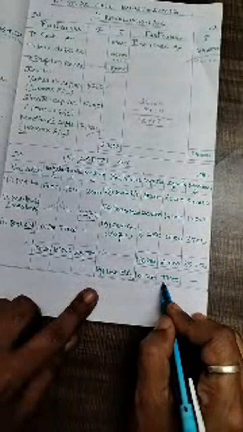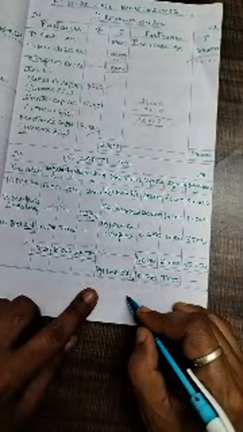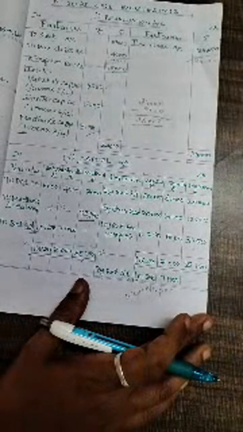Balance brought down means this is the opening capital for the continuing partners. With this opening capital, the continuing partners start the partnership firm for the next accounting period.